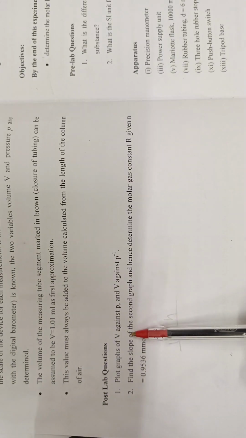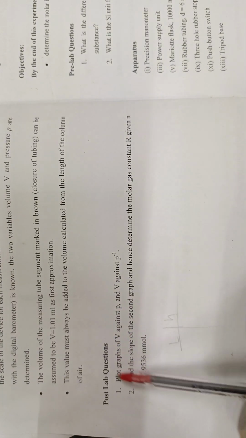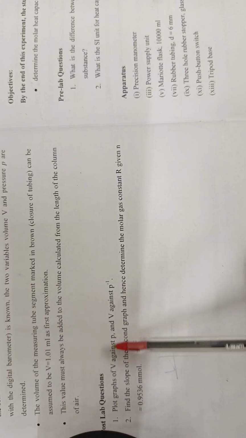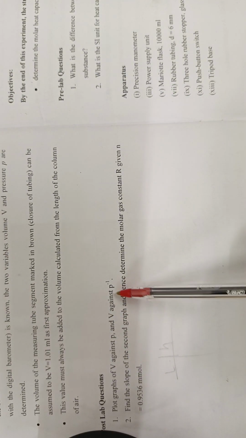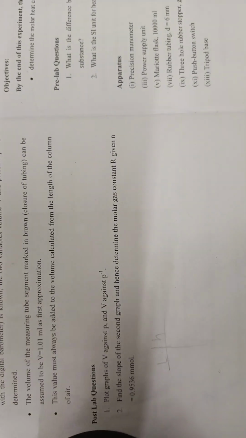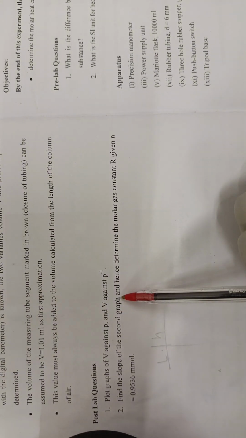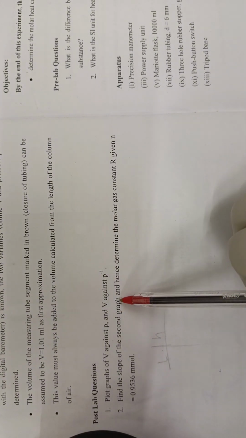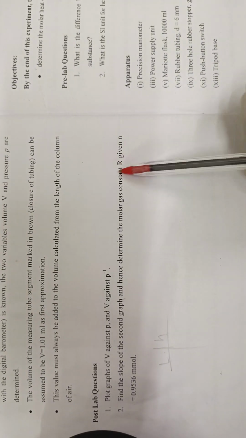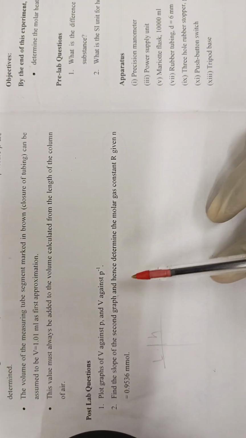Now after doing that, our manual says that the pre-lab questions they gave us here say that we should plot two graphs, V against P and then V against inverse of P. And then when we do that, we should find the slope for the second graph only. Then we use the slope to determine R, right?